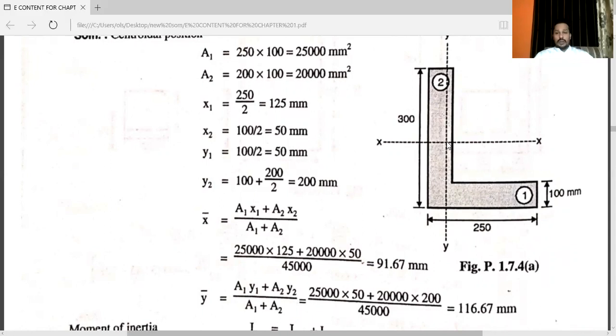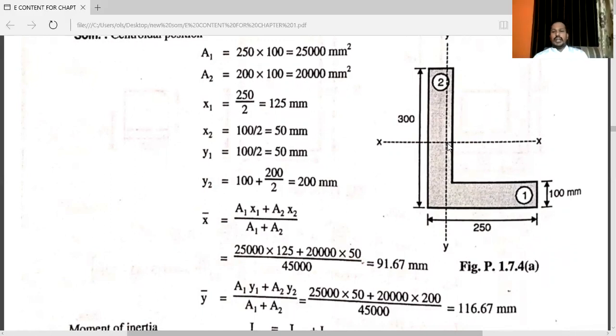See the circle, see the cursor location. It is very important. Where is the cursor? Just see the cursor. So from the base to this total height, or you can say the y bar, is 116.67 mm. This is the location of the centroid point for the entire diagram.